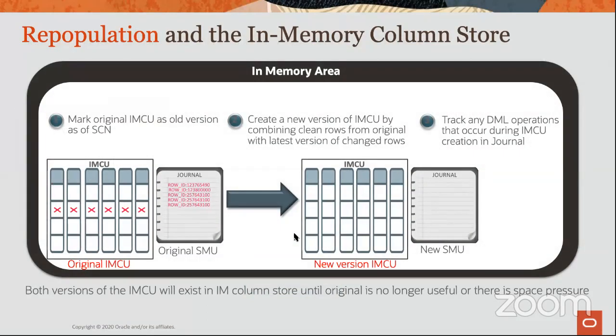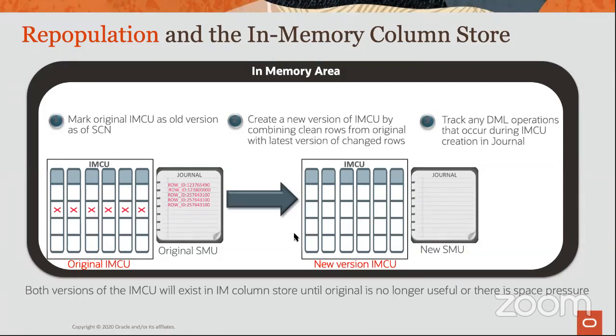In the background, not only will we initially populate the object, but as data changes within each of these IMCUs, once we hit a threshold of changes, we'll repopulate individual IMCUs in the background to bring the changed data back into the IMCU, and then we'll switch over to it.